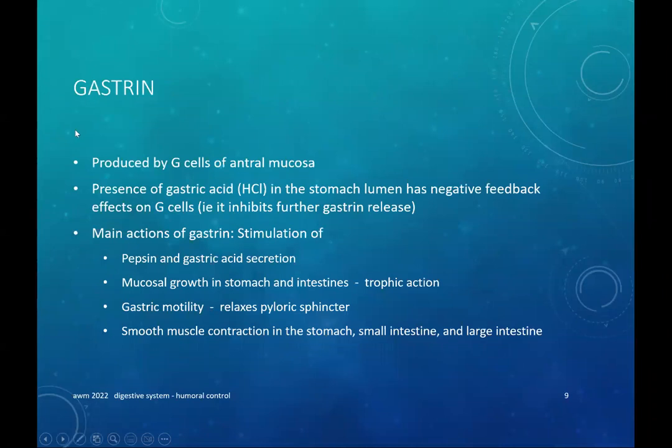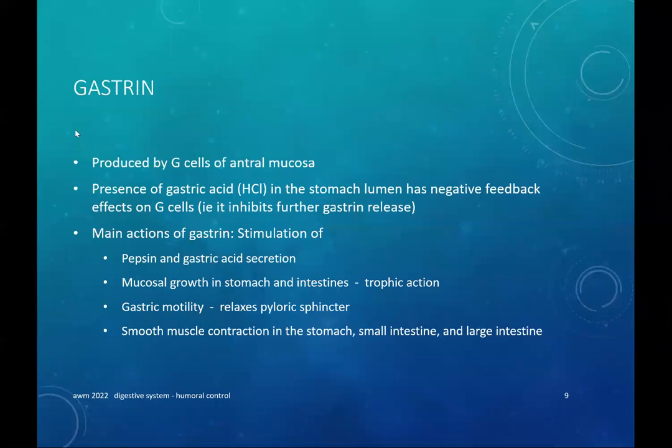So let's start by looking at gastrin. As we said, gastrin is produced by the G cells, which are found in the mucosa of the stomach antrum, of the gastric antrum. Now, when G cells secrete gastrin, it is responsible for causing secretion of hydrochloric acid.